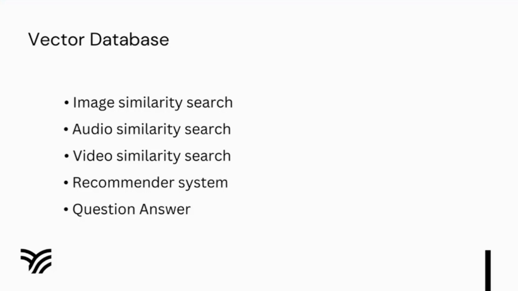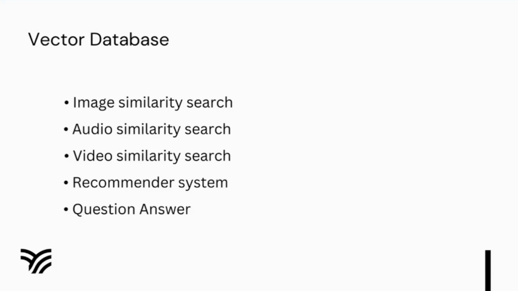We give an image as input, and Google gives us all the images related to our input image. In the background, there is a vector database, and on that vector database, an image similarity algorithm is running.